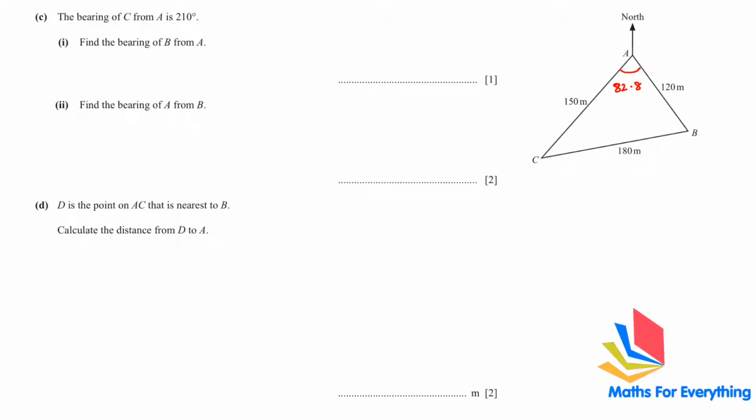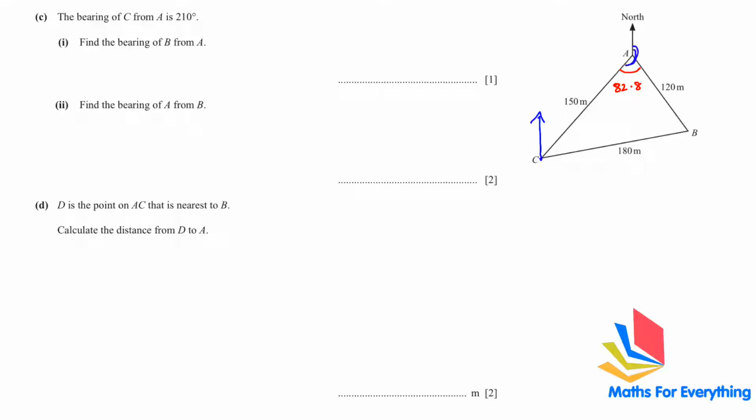Part C of the question. The bearing of C from A is 210. Find the bearing of B from A. So we are looking at this angle here, and we have been given the information that the bearing of C from A is 210.